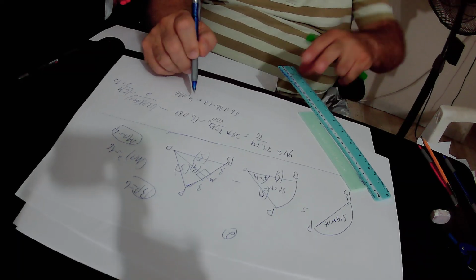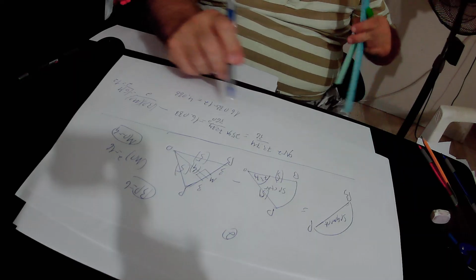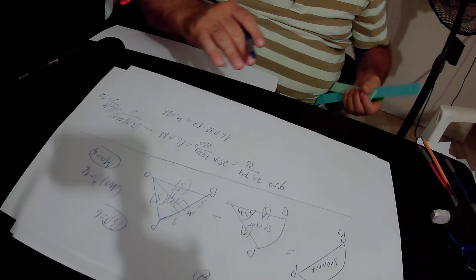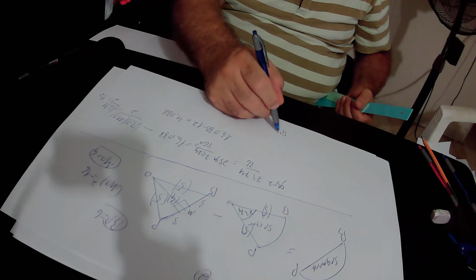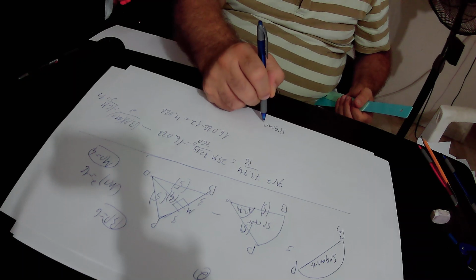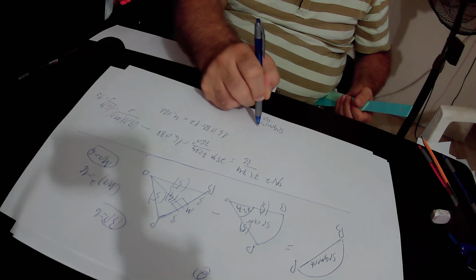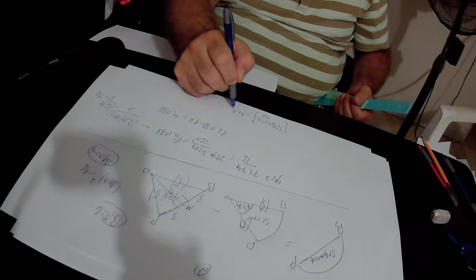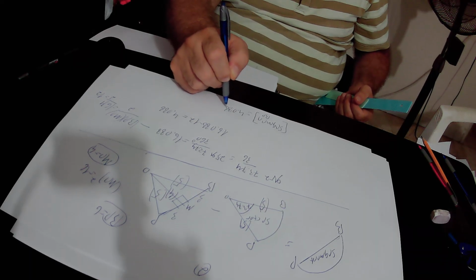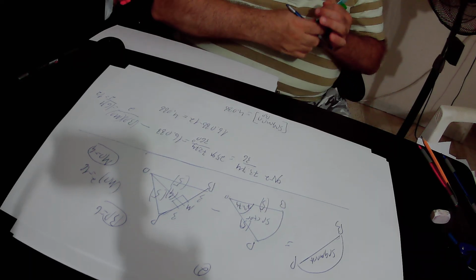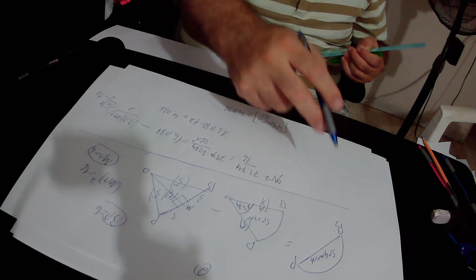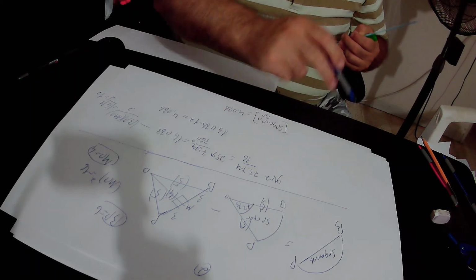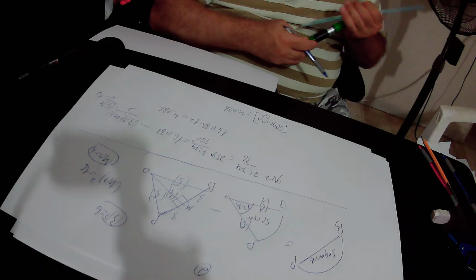So in total, we found that the area of this segment BP is equal to 4.088 square units in size. And again, the area of this segment BP is equal to 4.088 square units.